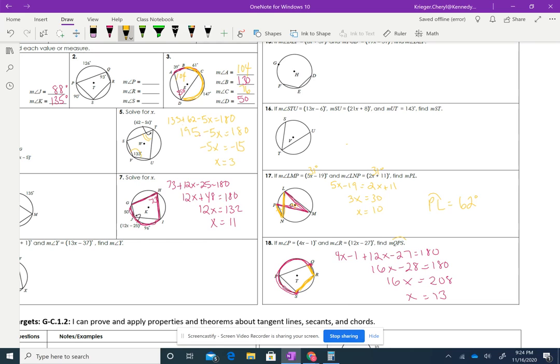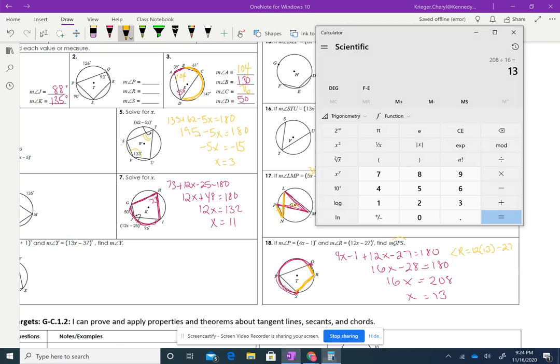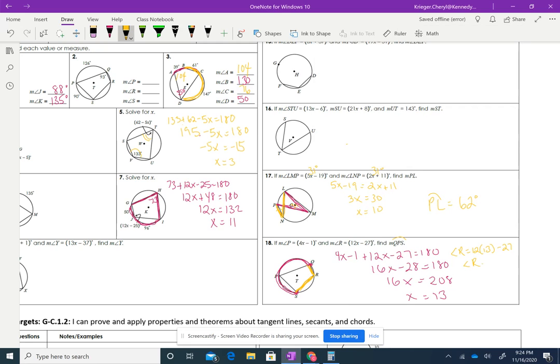So angle R is 12 times 13, minus 27, which is 129. Okay, so my inscribed angle is 129.